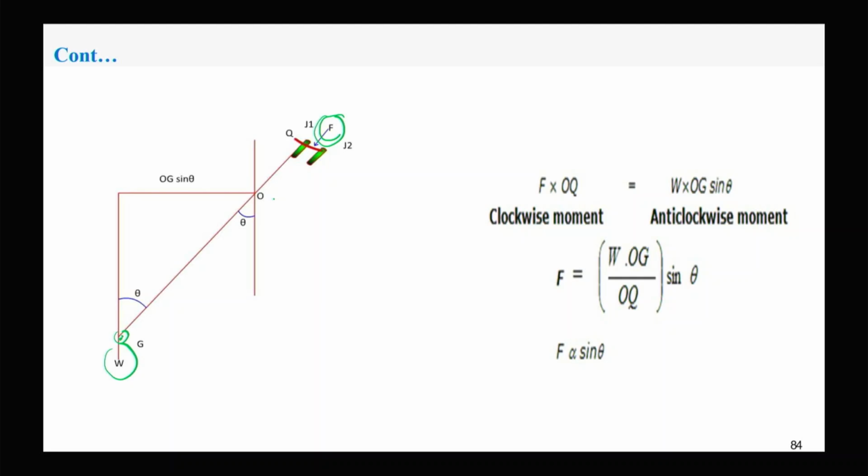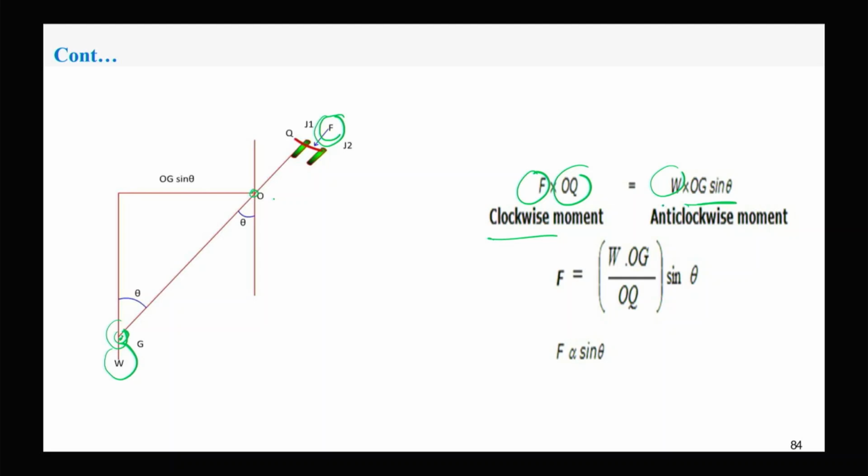So let us see. If we try to balance the moment, clockwise and anti-clockwise moment, the clockwise moment is F multiplied by OQ. What is OQ? OQ is the distance from the pivot point to the specimen. And W is the weight of the pendulum, and OG sin theta is the horizontal deflection of the center of gravity of the pendulum.